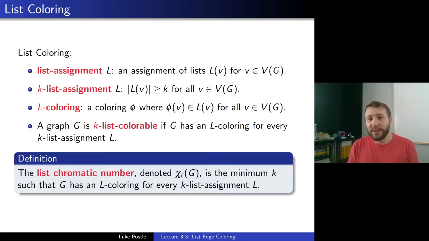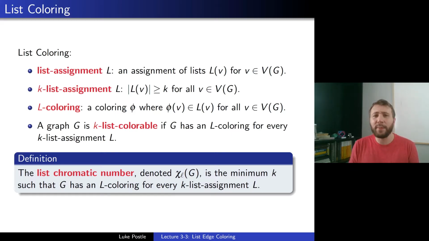And then, as we did with colorings and chromatic number, we define the list chromatic number, denoted chi subscript L of G, as the minimum k such that G has an L-coloring for every k-list assignment L, or equivalently is k-list colorable. So clearly the list chromatic number has to be at least the chromatic number, because you could just have a list assignment where all the lists are the same, but this is a bit more general.